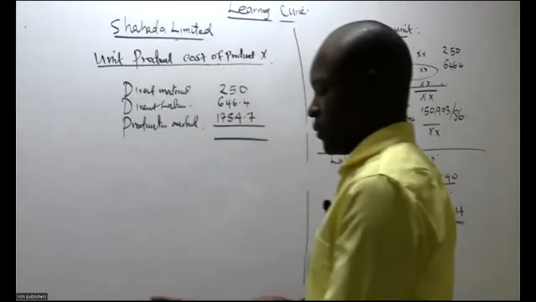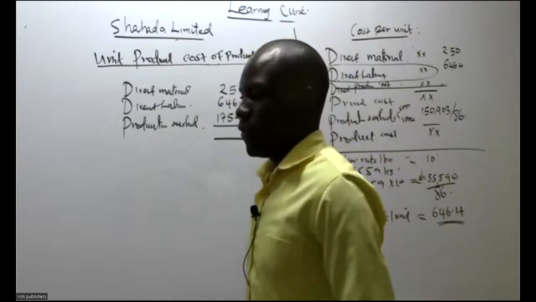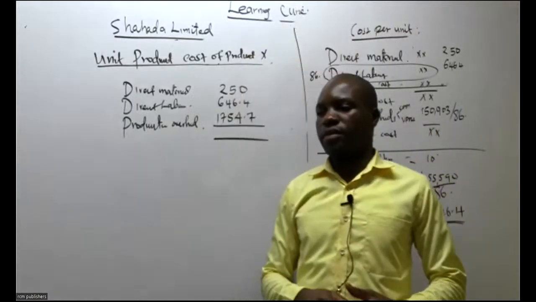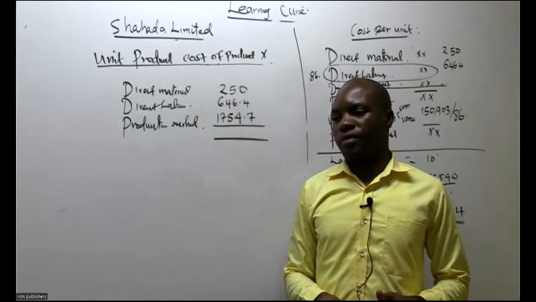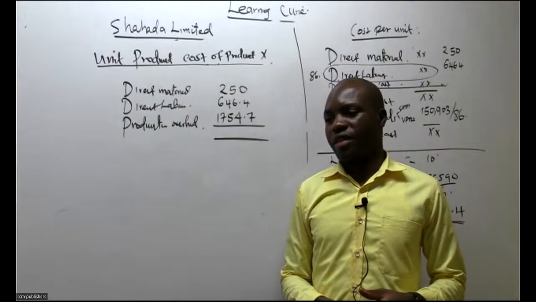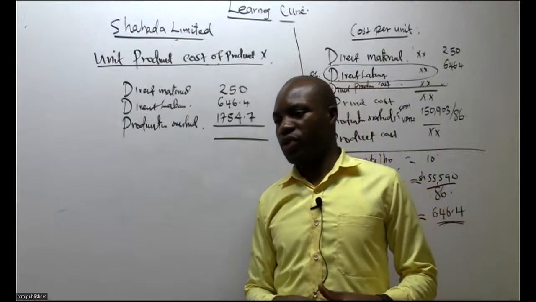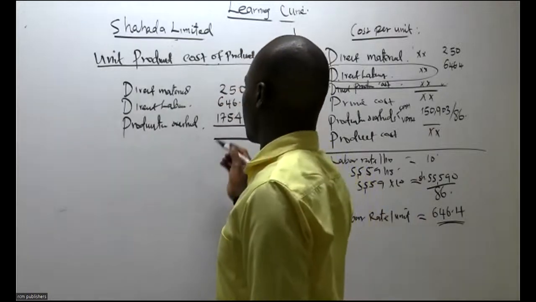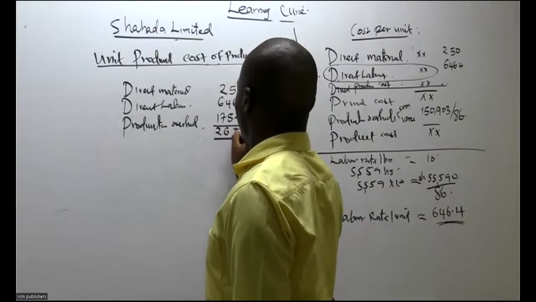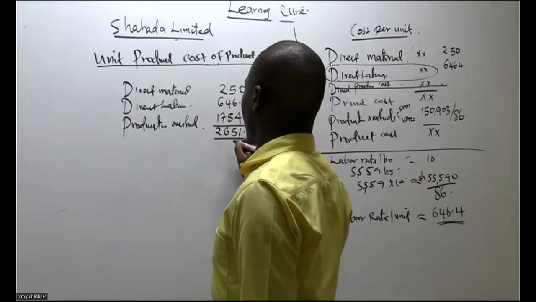Let's add that. What is the total for that particular product? The total for producing that product is 2651.1.